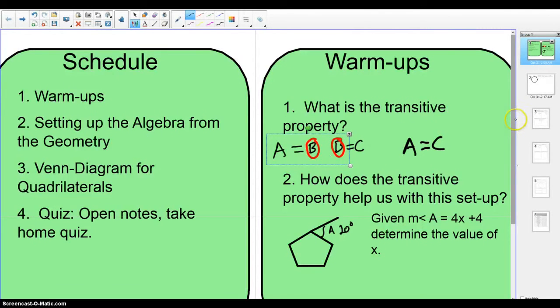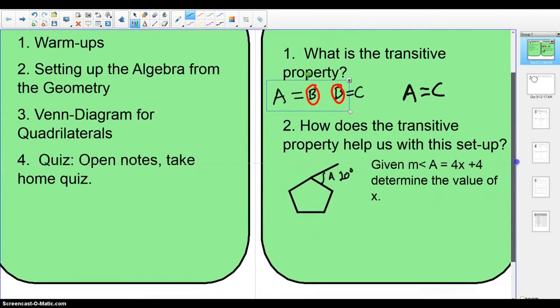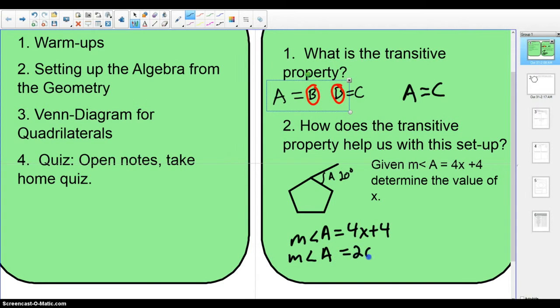And the way that this helps us in part 2 of our warm-ups, we are given that the measure of angle A equals 4x plus 4. So measure angle A equals 4x plus 4. But in the drawing, we're also told that the measure of angle A equals 20 degrees. Now this is where our transitive property is really going to help us every time we set up an algebra problem from the geometry.